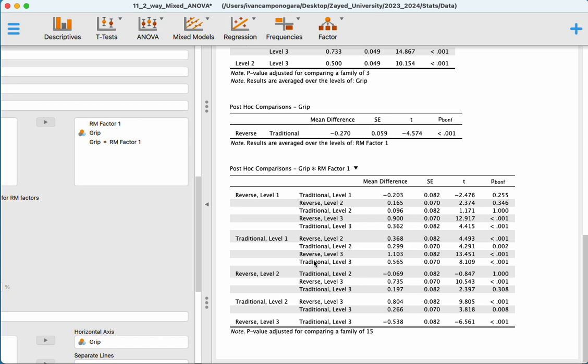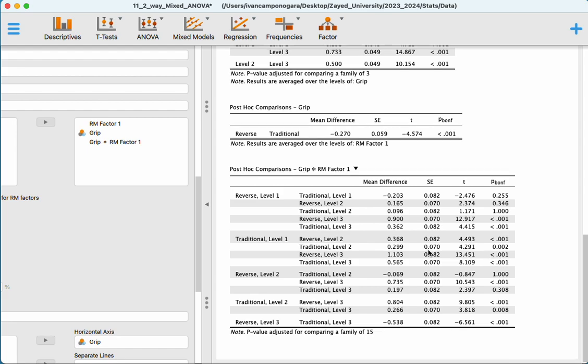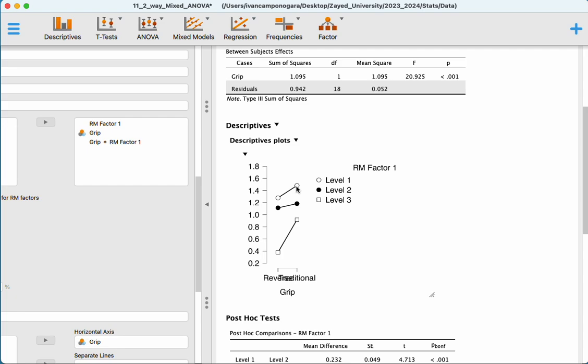There are other comparisons that the system made, but I don't think have sense, because it compared the traditional level 1, for instance, to the reverse level 3, which is statistically significant, which is this point of traditional against this. But in this case, I don't know what it means, in the sense that it depends on your research question.